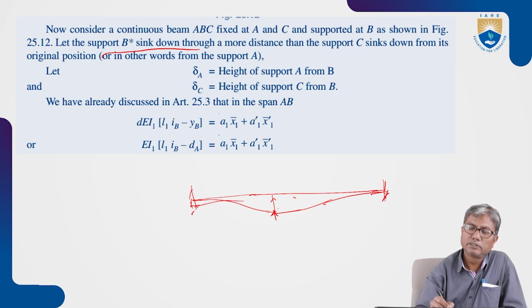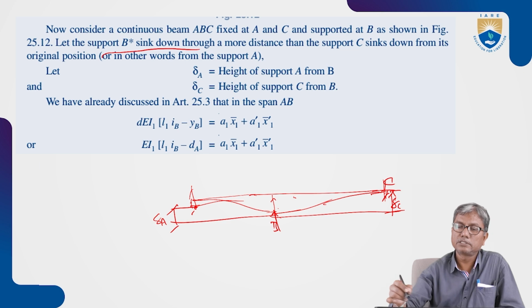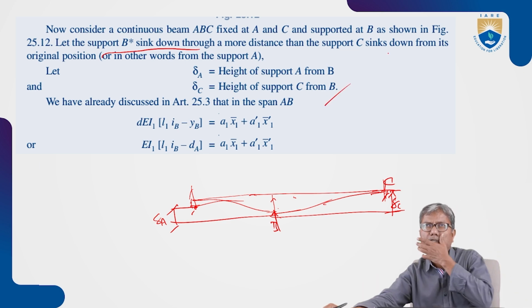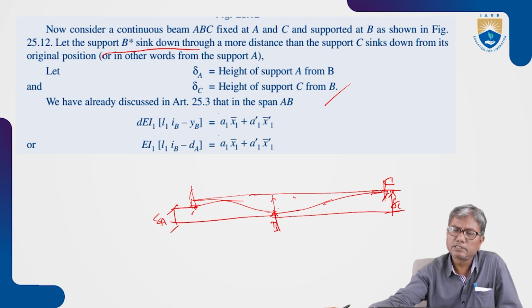So here delta A is the difference in elevations of supports A and B. Delta C is the height of support C above support B. Delta A is the height of support A above B.